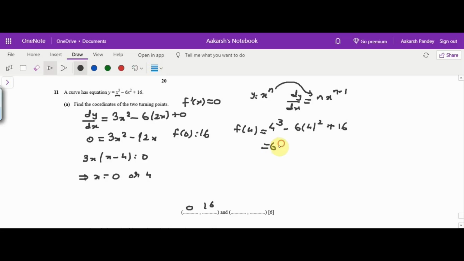So 4 cube is 64 minus 96 plus 16. So this is 80 minus 96, which is minus 16.